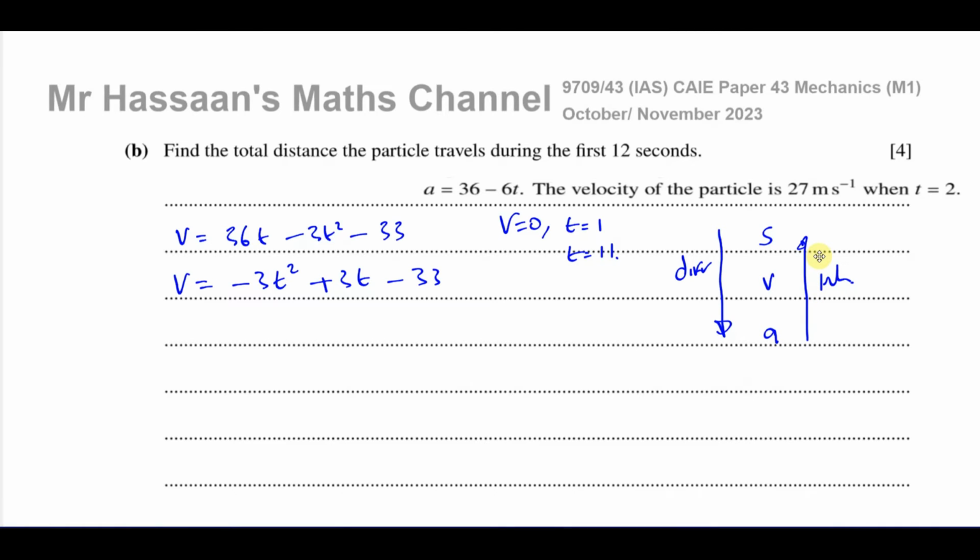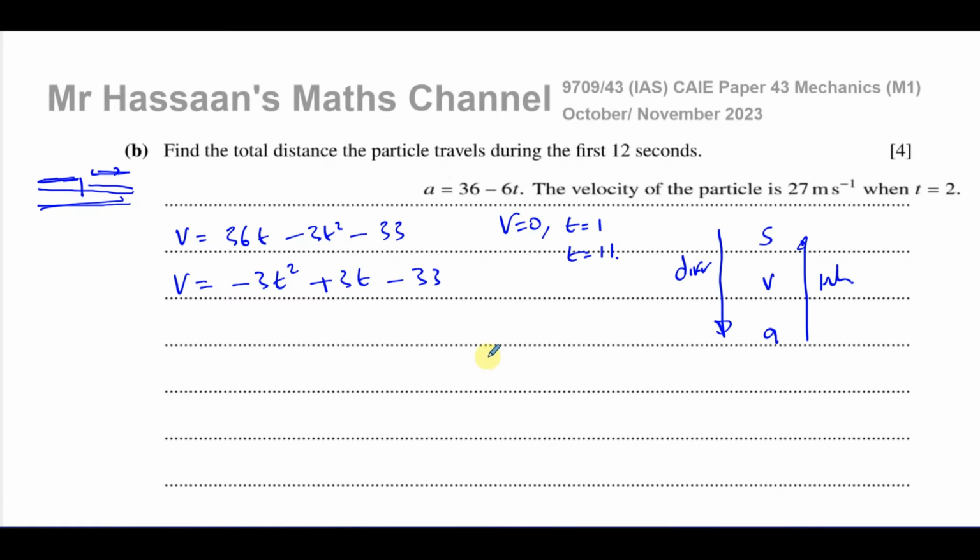So it doesn't take into account the amount of ground covered. It just takes into account how far out of position the object is. So if this was going in one direction and then it changed direction, the distance would be this value plus this value. But the displacement would only be the distance away from the original point where it started, not the total ground it's covered.